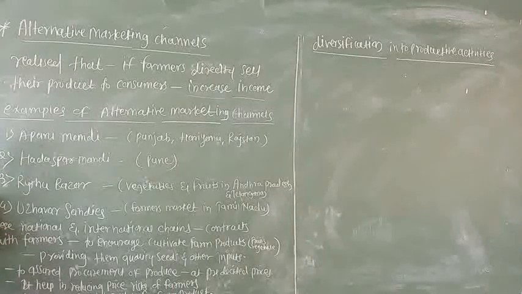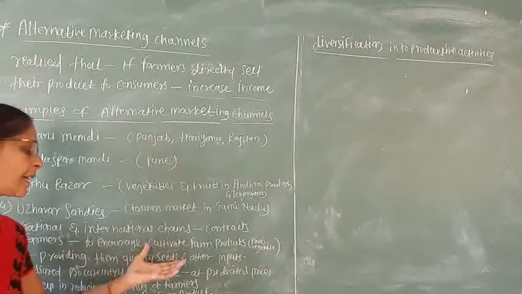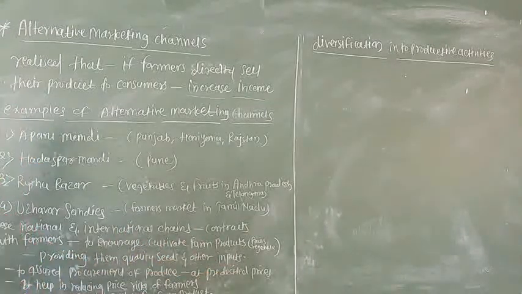Means all these are the national or international alternative market channels, and they contact the farmers. Why do the channels contact farmers? Because the channels help to encourage the cultivation of farm products.